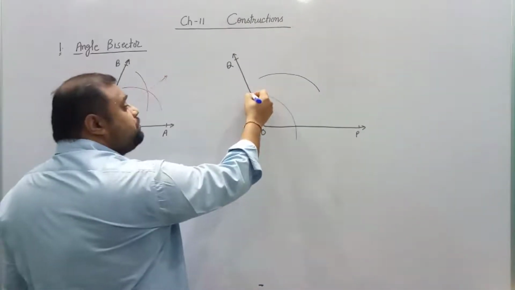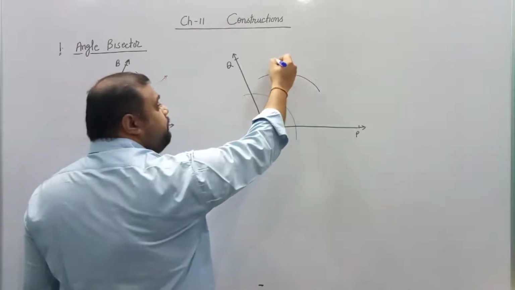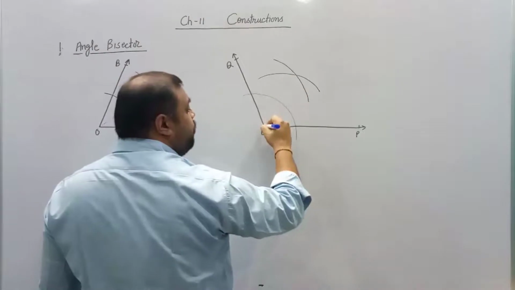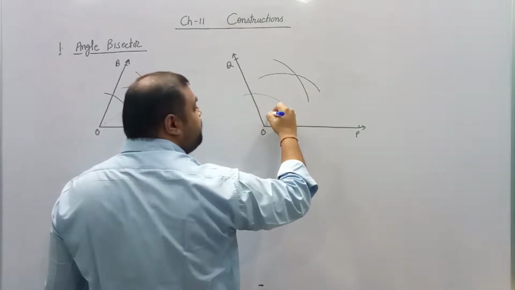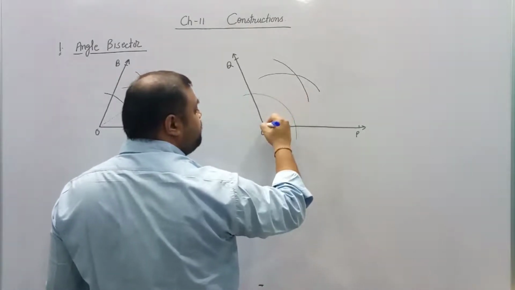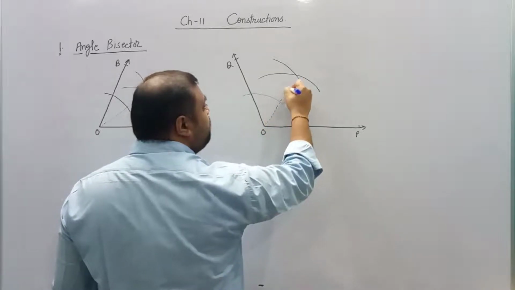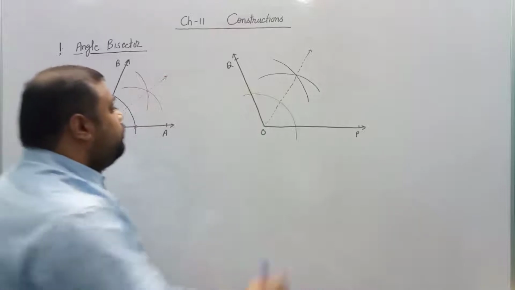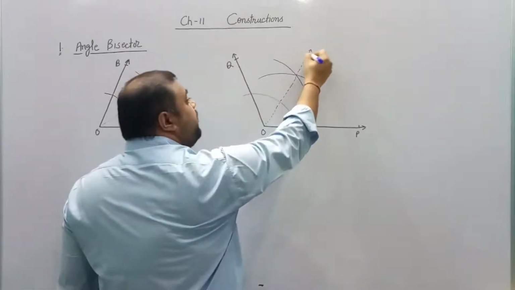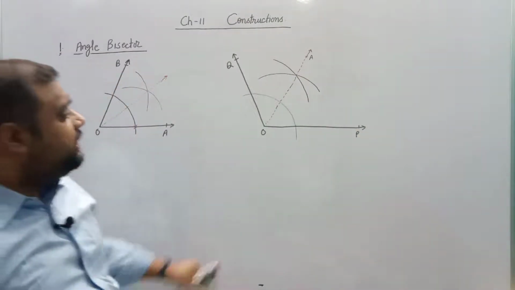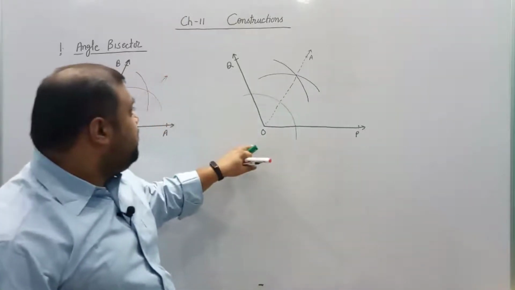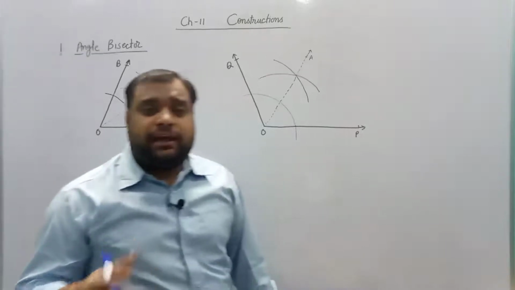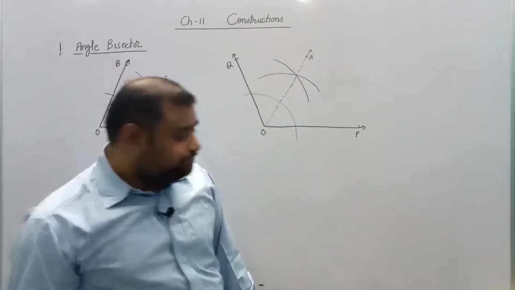Now taking this point as center and more than half of this arc, join O to this point. So OA is the angle bisector of angle POQ. Similarly, we can construct angle bisector of any angle.